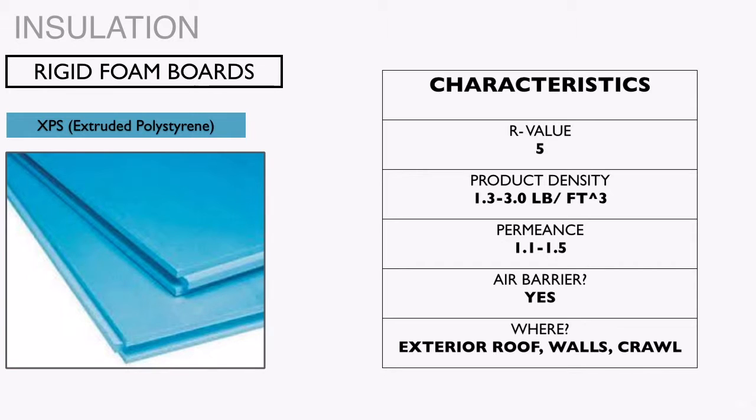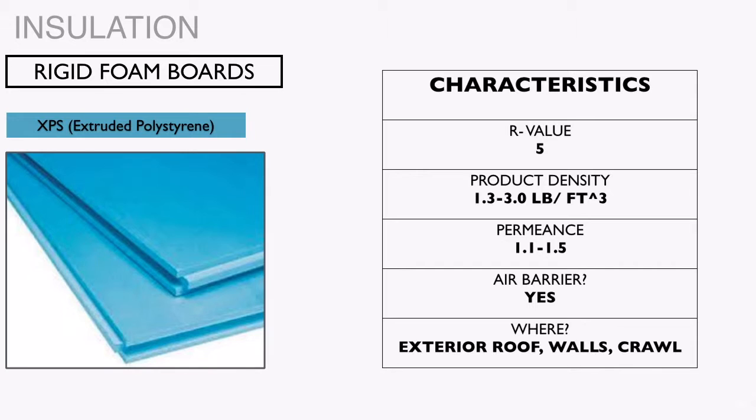So when I say quite small, I mean if your building wrap or your fluid applied or peel and stick has some texture to it, that generally allows for enough space for this to not be a concern in terms of its low permeance values. Like I said, it can function as an air barrier if it's taped and sealed.